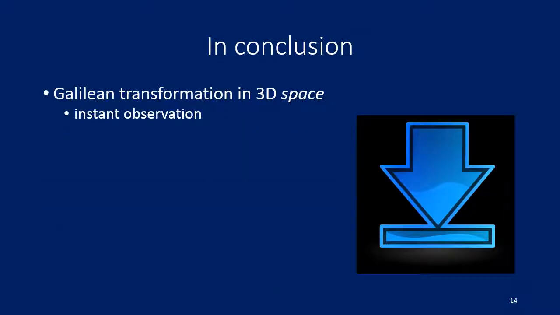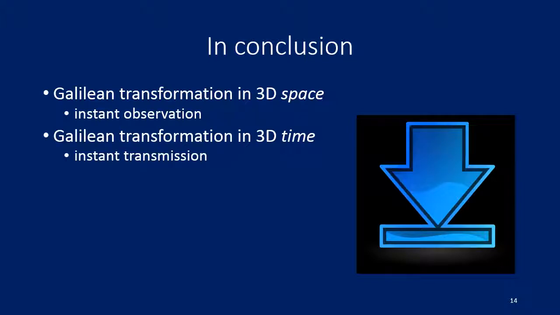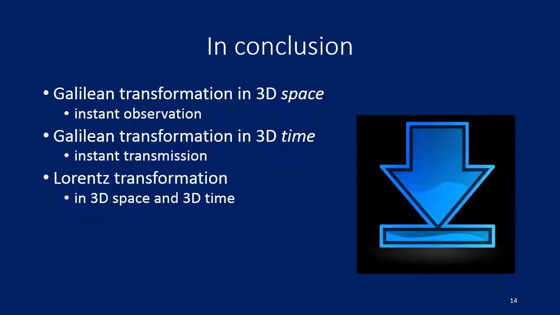In conclusion, we've looked at the Galilean transformation in 3D space and found that it means an instant observation, and the Galilean transformation in 3D time, which means an instant transmission. And then we looked at the Lorentz transformation in 3D space and compared it to the 3D time, which can be equivalent, but 3D time can also work for speeds greater than the speed of light.